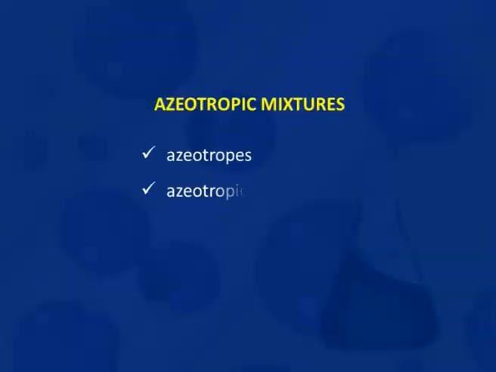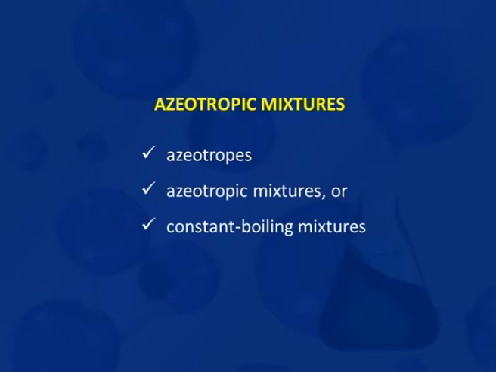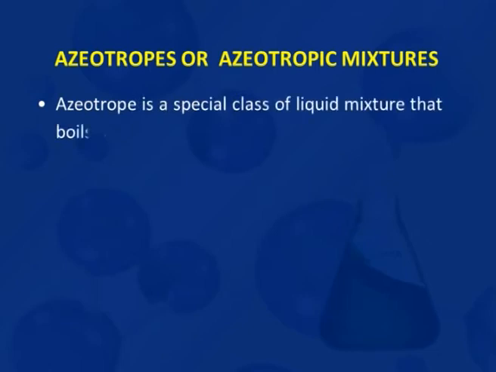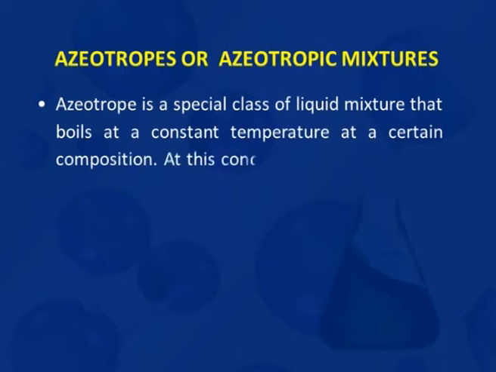Now you know that many solutions behave as non-ideal solutions. Very large deviation from ideality leads to the formation of a special kind of mixtures known as azeotropes, azeotropic mixtures or constant boiling mixtures. Azeotropic mixtures are a special class of liquid mixtures that boil at a constant temperature.